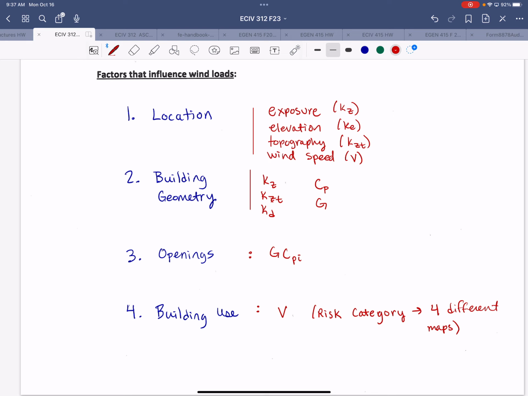And this hurricane in particular, because of the damage that it caused through those tornadoes, triggered code changes. So after this hurricane, they started requiring that roofs be tied down to walls and walls be tied down to foundations with a specific minimum level of strength.